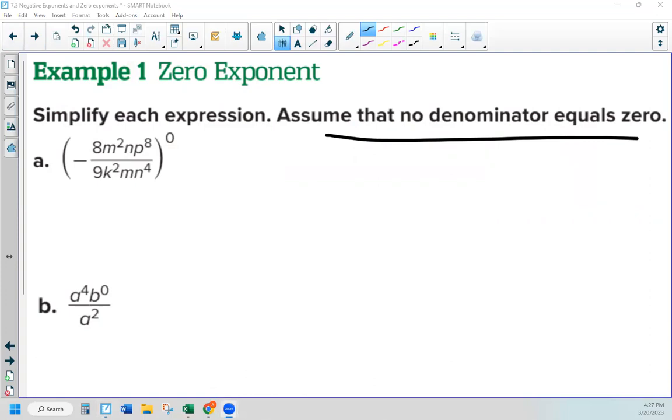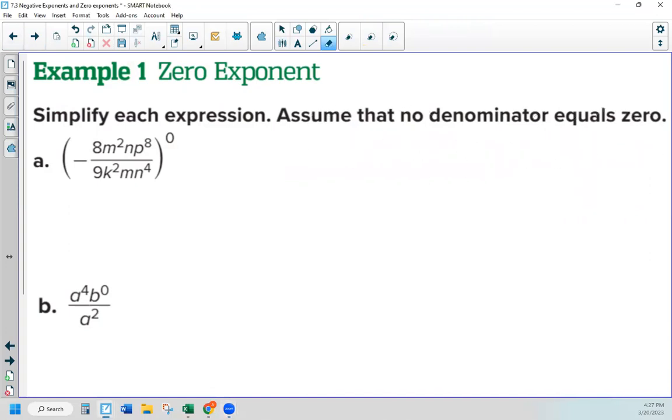So the reason that's written for us is so you understand that the problem doesn't just go away, because obviously if you had a denominator of 0, then it's not worth doing the problem, because anything divided by 0 is undefined. But for A, there's so much inside of this problem.